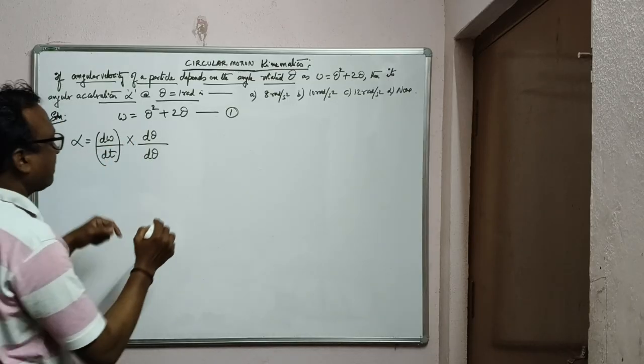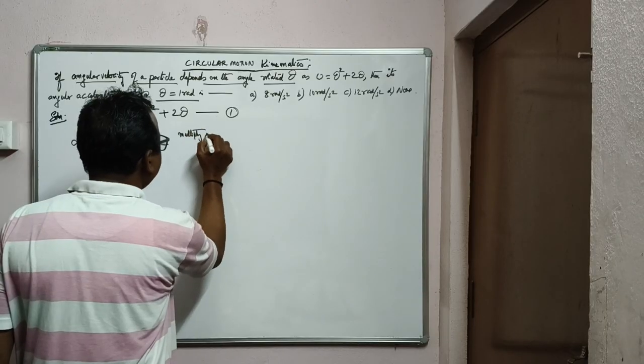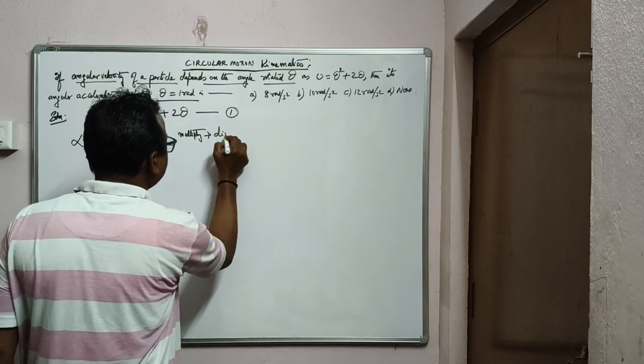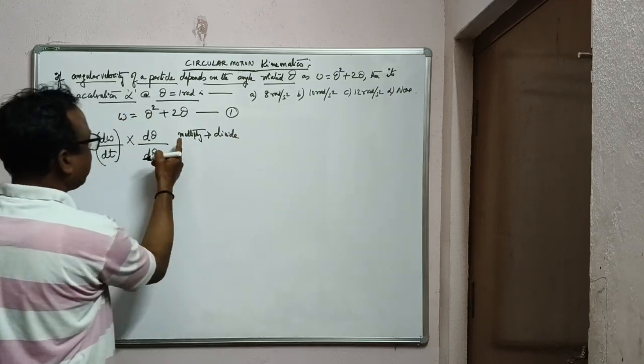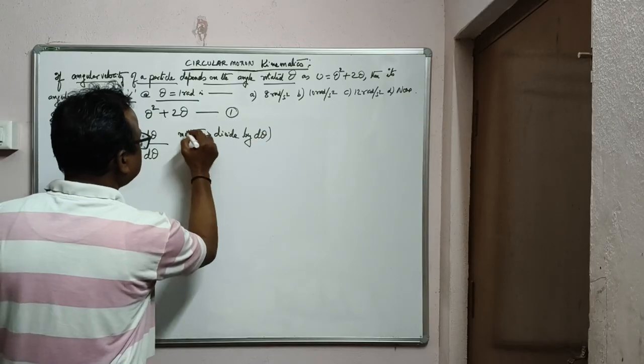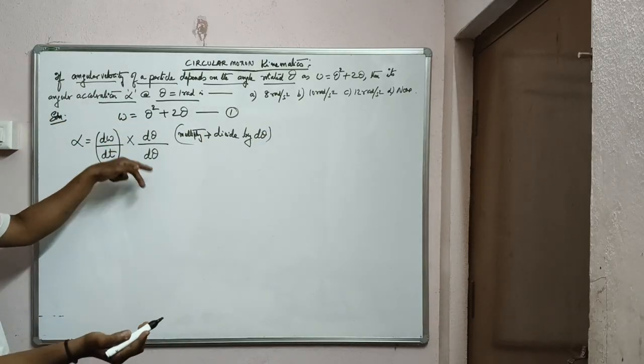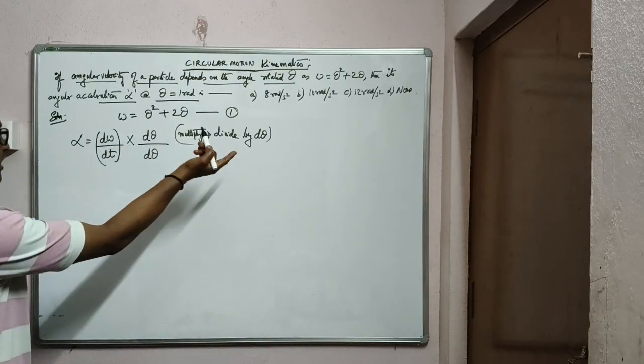Okay na? Multiply చేసాను, divide చేసాను, there is no problem. Cancel చేస్తే equal to 1.